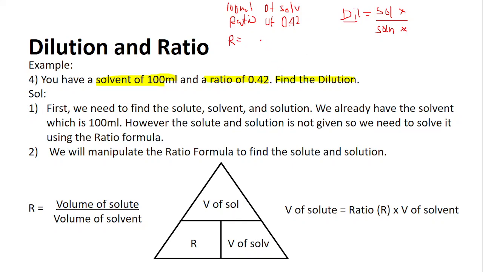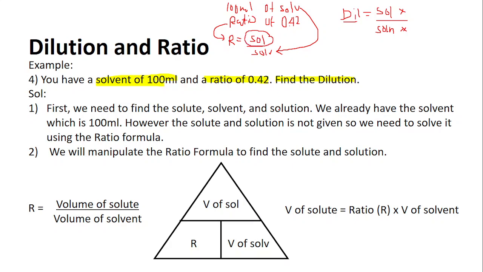Again, anong formula ni ratio? Solute over solvent. Okay, base sa formula sa ratio, may duha kita na aramta. Aramta ang ratio, which is 0.42, and aramta ang solvent, which is 100.